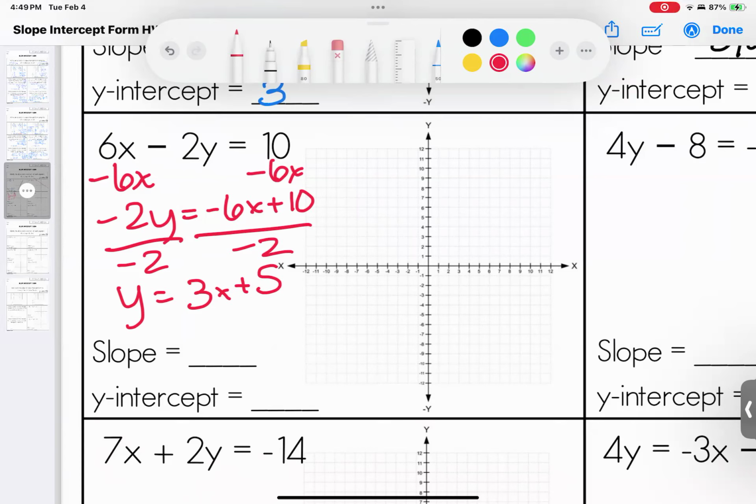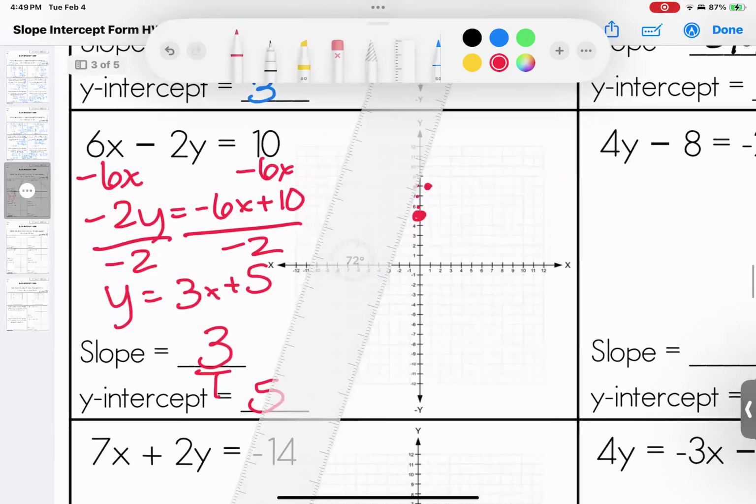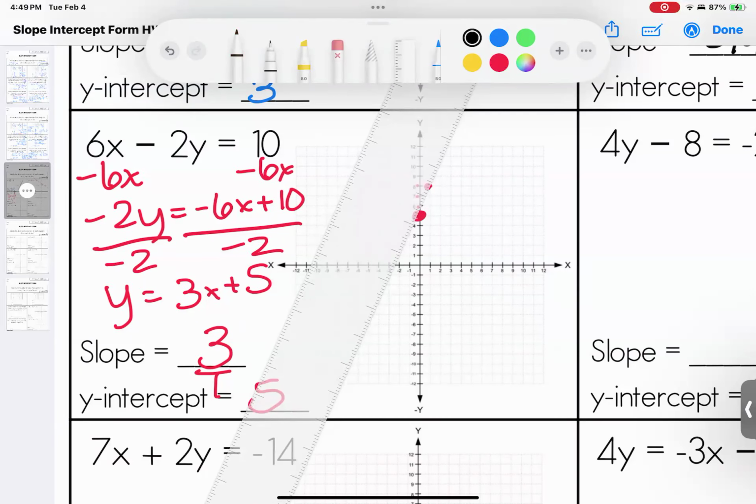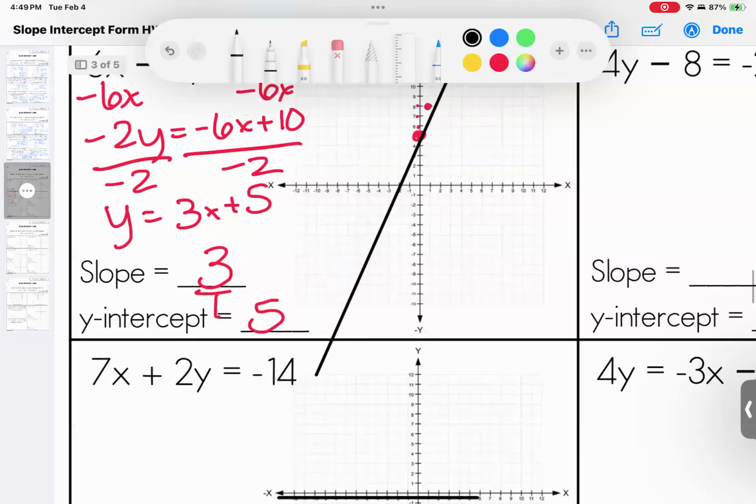All right, slope of 3, y-intercept of 5. Come up here. Remember, 3 is the same as 3 over 1. So up 1, 2, 3 over 1. Once you have at least those 2 plot points, go ahead and connect your line.